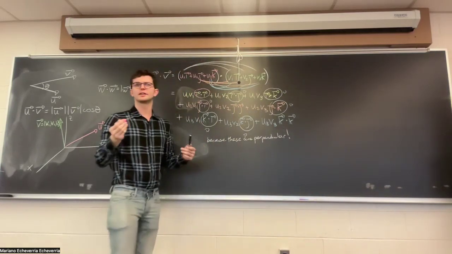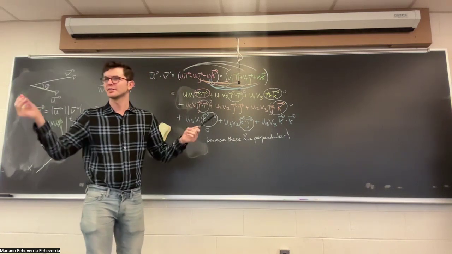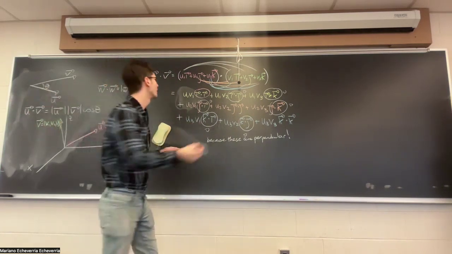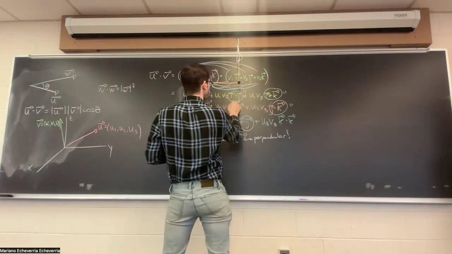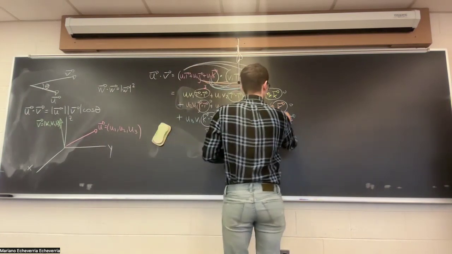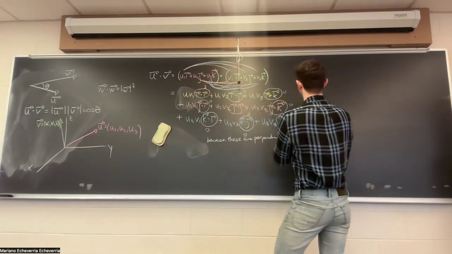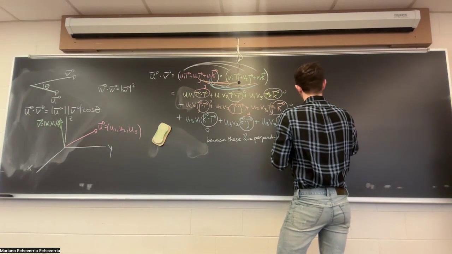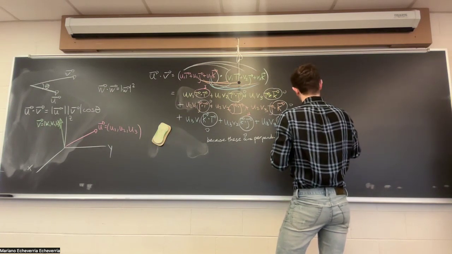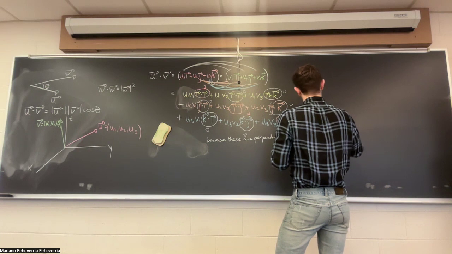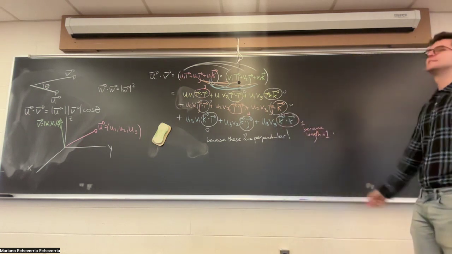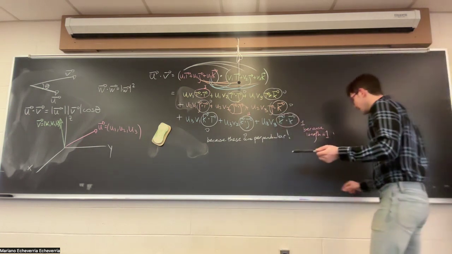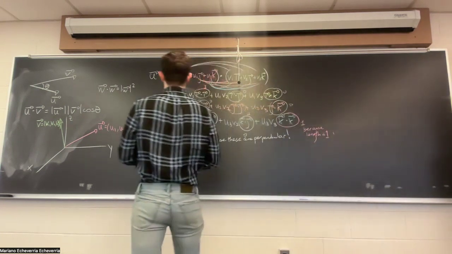So it's like the length is 1 squared, which is just 1. So it gives you 1, then 1 here, and 1 here, because the length is 1. So what seemed like a big mess ends up simplifying a lot.